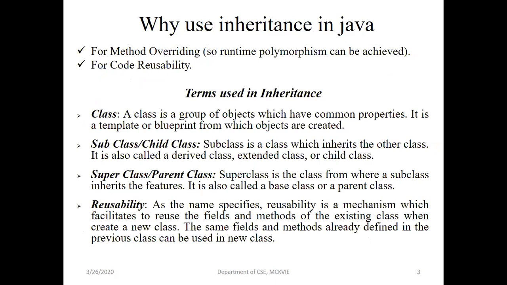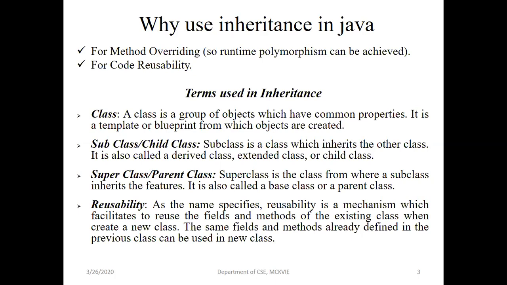Why do we use inheritance? For two purposes. One we already mentioned, that is code reusability, and the second one is that runtime polymorphism can be achieved through the technique of method overriding, which we'll discuss in detail in this lecture.